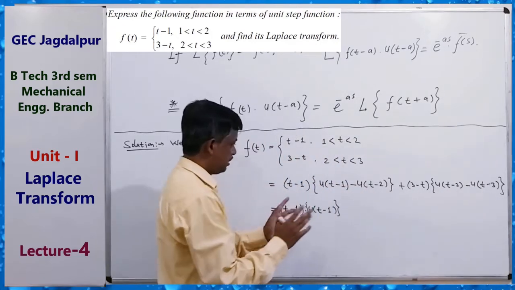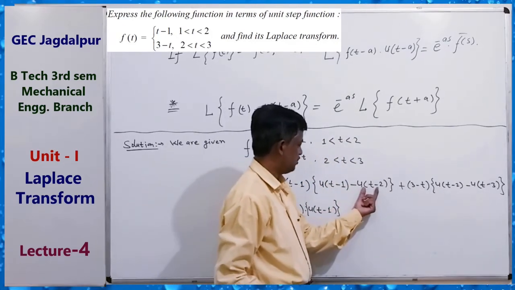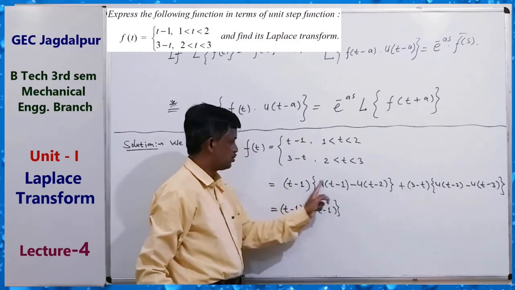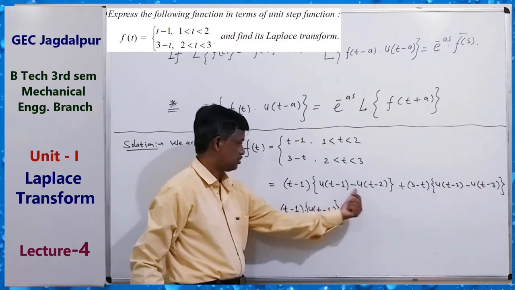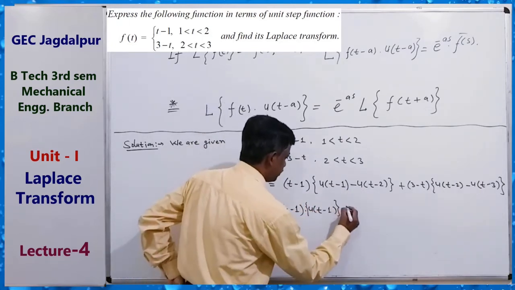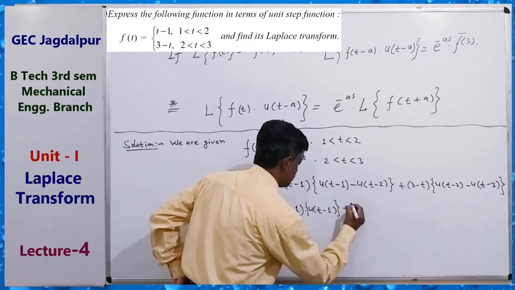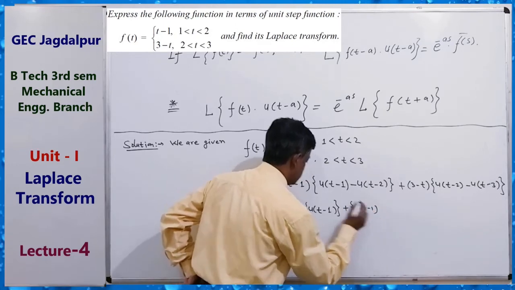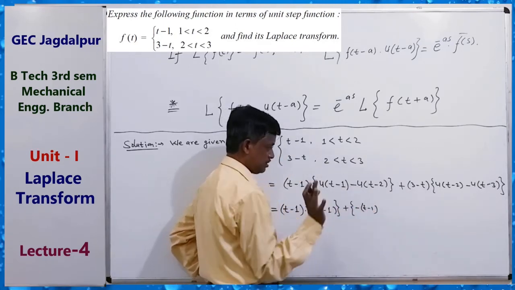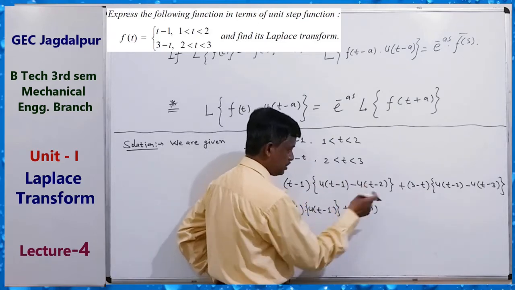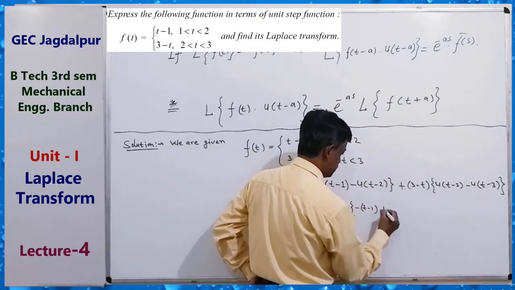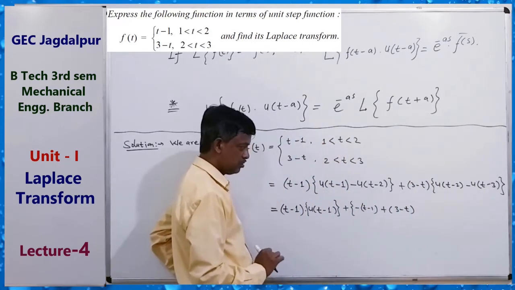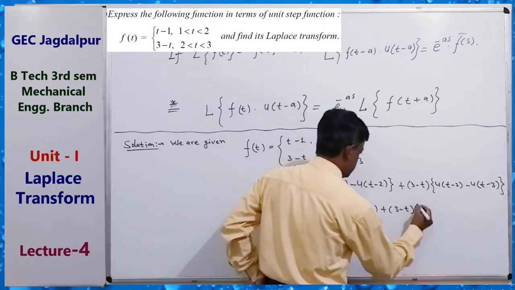So taking u common, minus (t minus 1) into u(t minus 2), and here 3 minus t into u(t minus 2) is also common from these two.